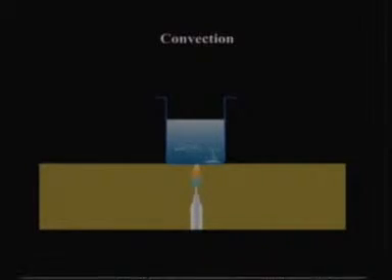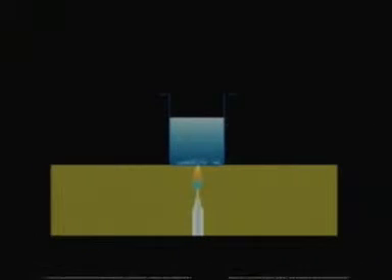You must have seen this in your 9th or 10th class, some experiment. You have water in the beaker and it is being heated by a point source of heat, and you will see convection cells in the beaker being formed. And if you have some colored material, you see very beautiful convection cells. This is the process of convection.